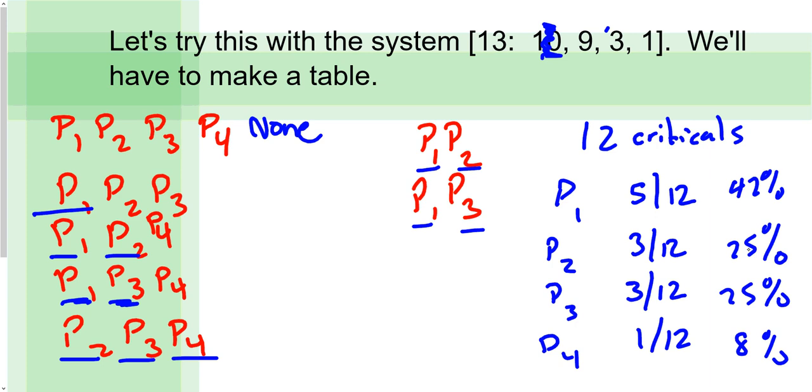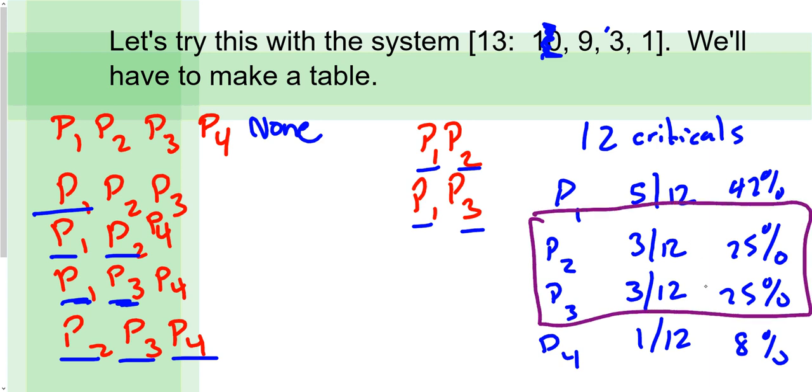And one thing you might be surprised about, look at P2 and P3. This is where you might see the most surprise. They have equal power. Equally, the second voter and the third voter are a factor 25% of the time. But look at this. They have separate weights. P2 has 9 votes, yet P3, even with only 3 votes, is critical the same amount of times.